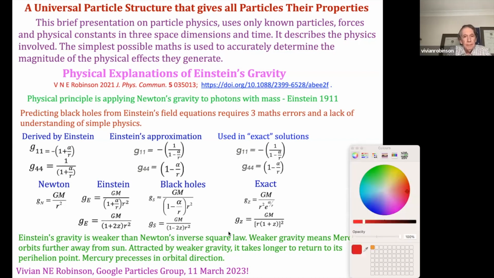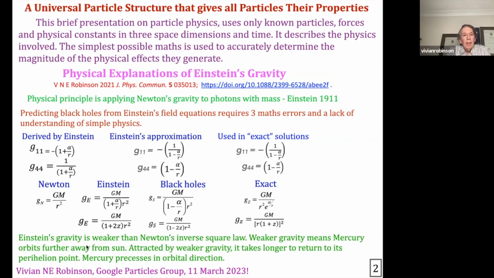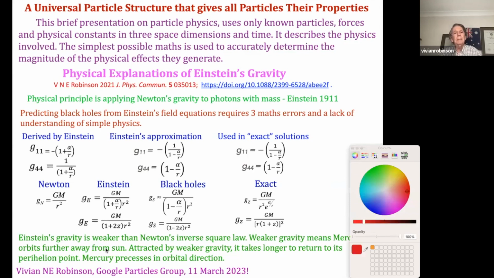Now, if you have a look at both of these equations, they show that Einstein's gravity is weaker than Newton's inverse square law. Weaker gravity means that Mercury orbits a little further away than it otherwise should from the sun.